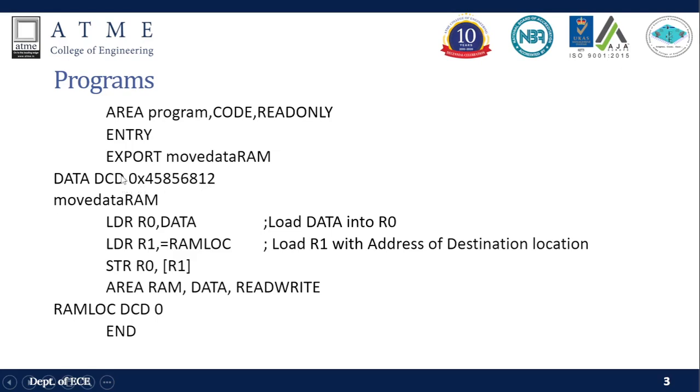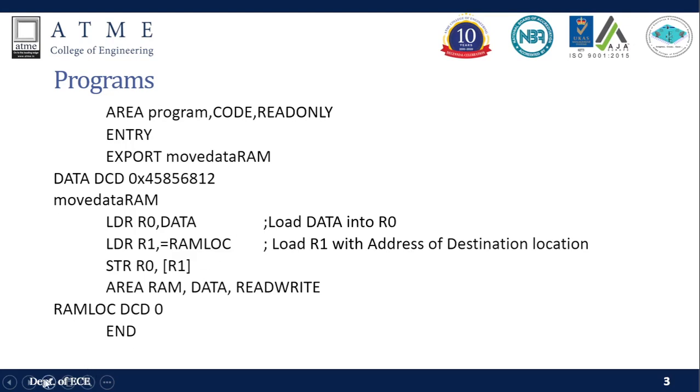Here we are using an assembly directive which is called DCD. The DCD is basically the assembly directive for loading data into this particular variable. DCD is simply equivalent to the regular equal to operator.